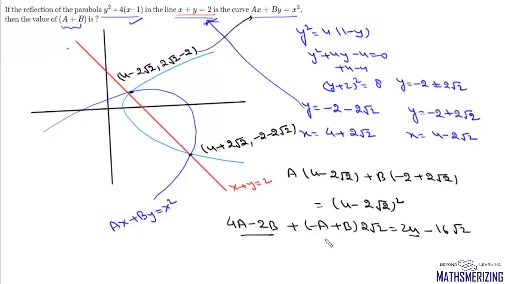Comparing rational parts, we can write 2a minus b equals 12, and comparing the irrational part, we get a minus b equals 8. So we'll subtract, we get the value of a as 4, and if a is 4, the value of b is minus 4. So the value of a plus b is simply 0.